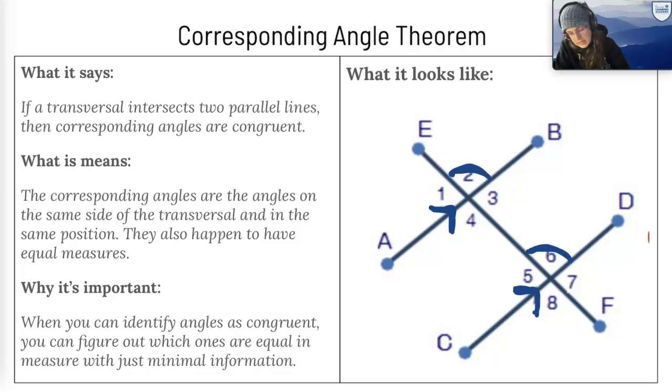So 2 and 6, or 3 and 7, 5 and 1, and 4 and 8. Those are all corresponding angles: same side of the transversal, same position on the parallel lines. Okay?